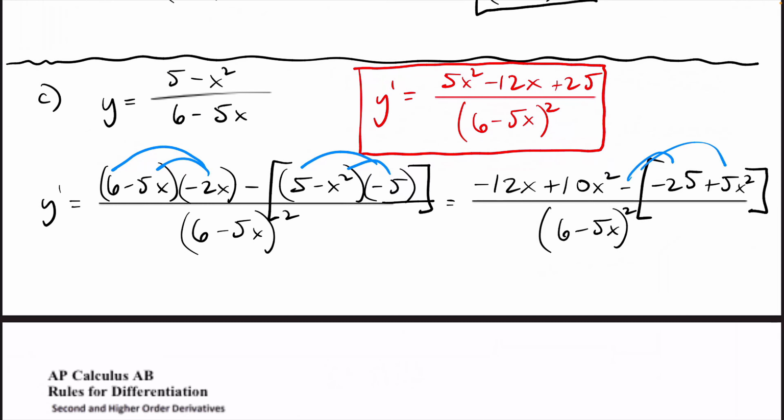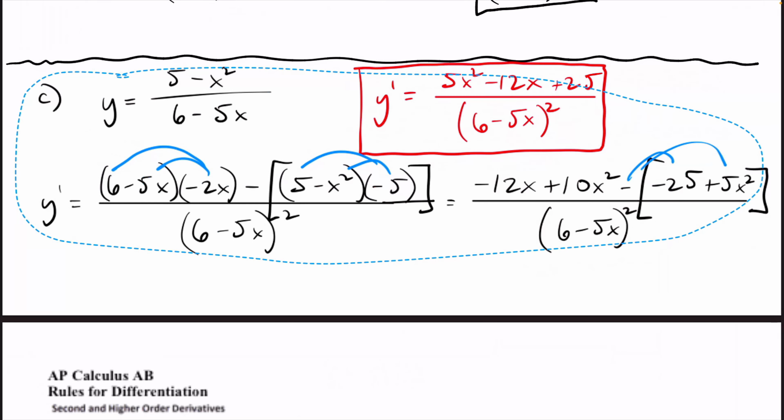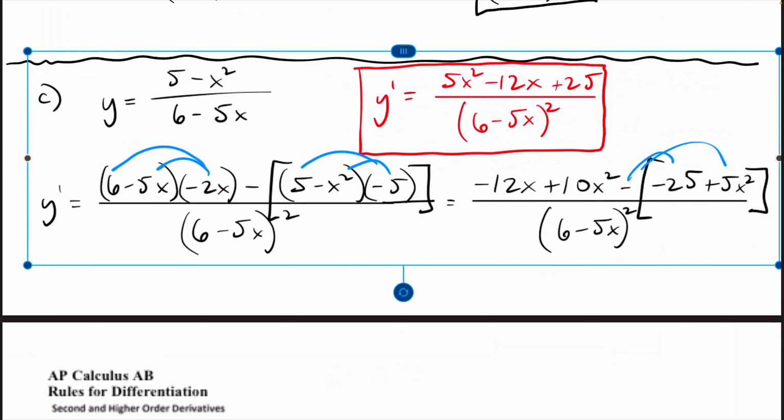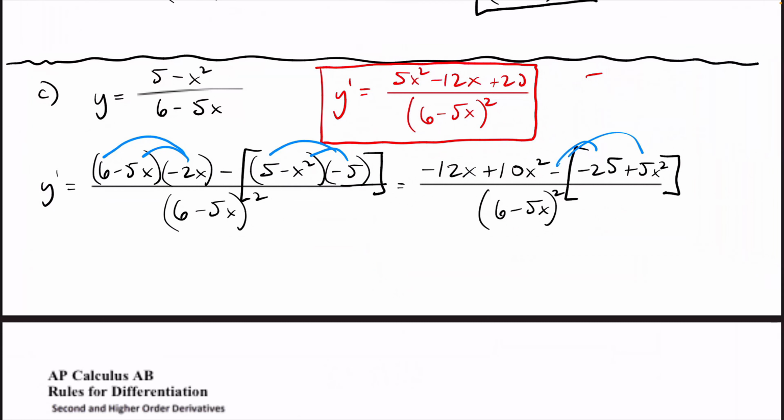So I get negative 12x plus 10x squared, and then I'm going to get positive 25 minus 5x squared.